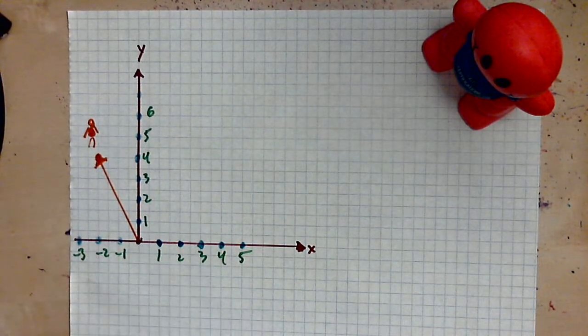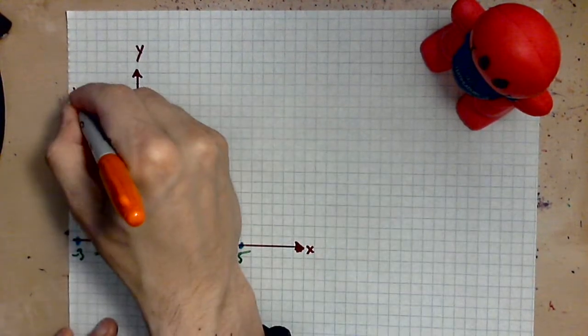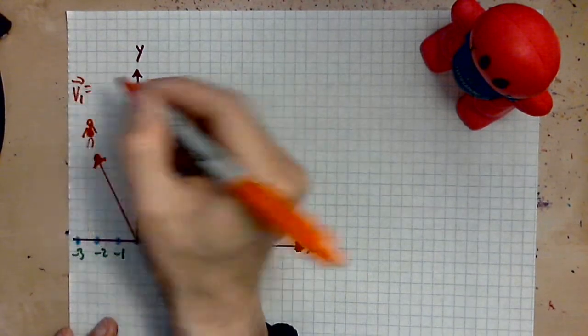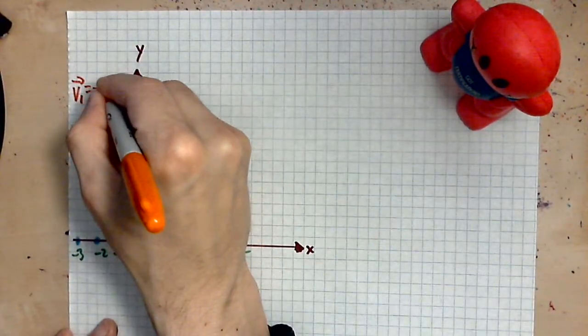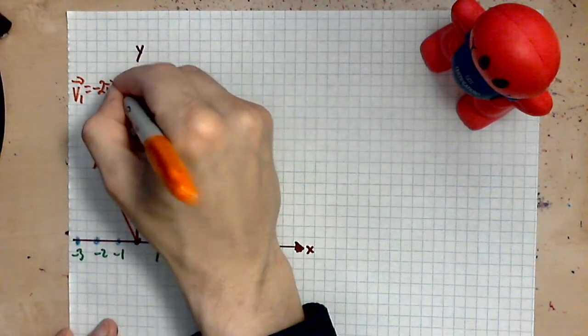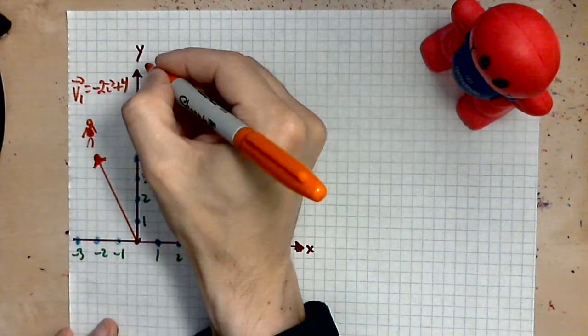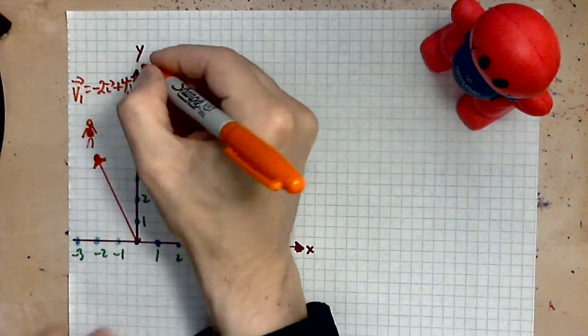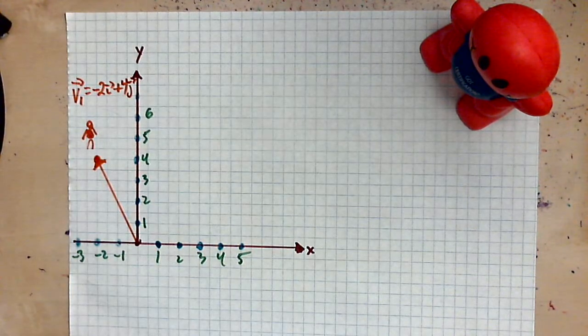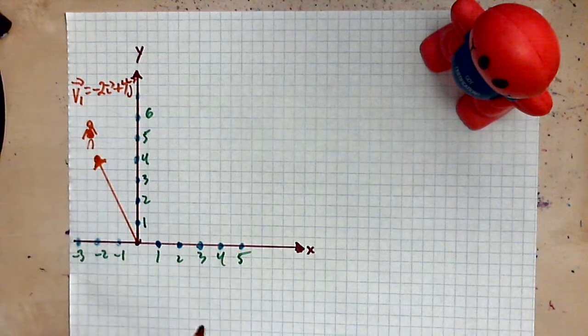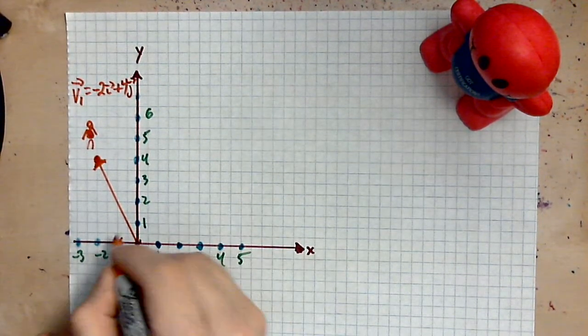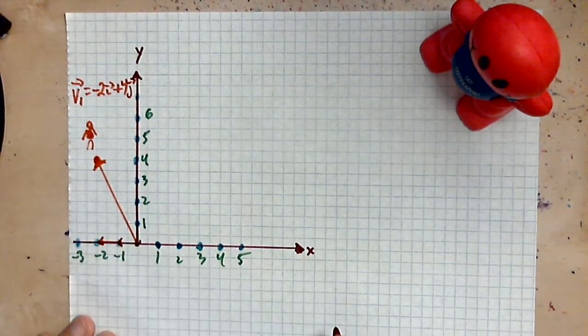So the vector notation for this vector, which we'll call V1, is -2i plus 4j. Okay, so -2i plus 4j. Then remember that -2, what that means, right? That means 1 to the left, another 1 to the left.